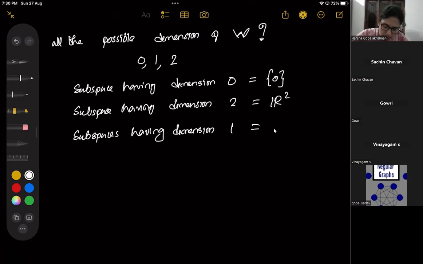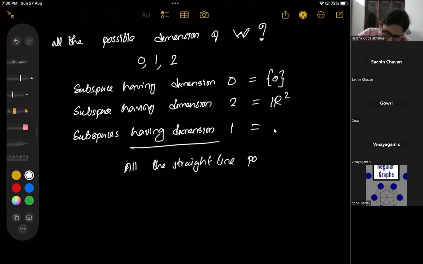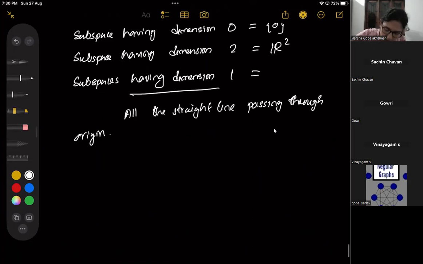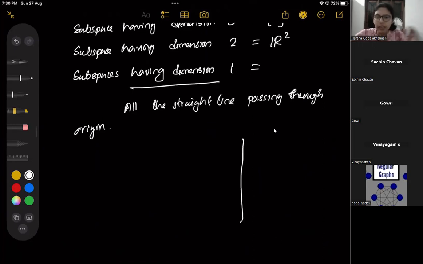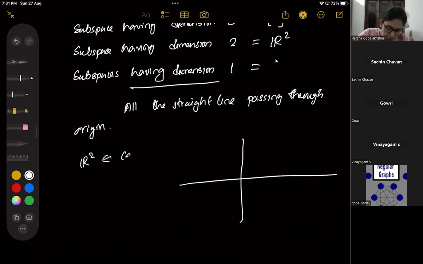Someone said R is a subspace of R2. Actually, R is not exactly a subspace of R2, because R2 means the set of all two-tuples, elements of the form (a, b), but R contains just elements a.